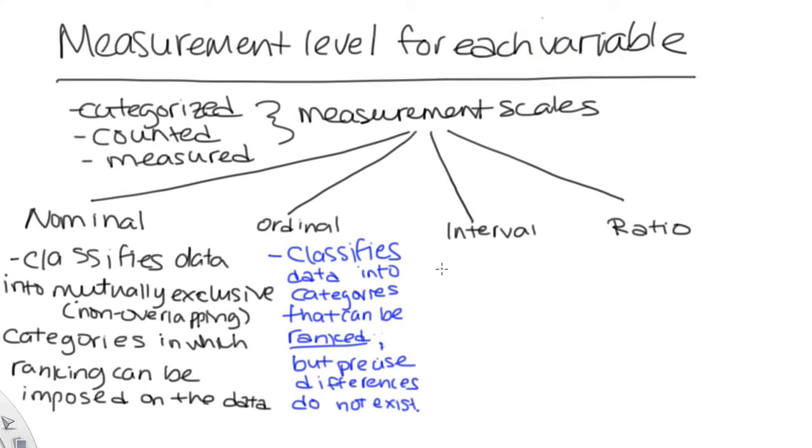Interval level is different from ordinal level, such that precise differences do exist between units. For example, you could say something is hot, or you can say it's 110 degrees, or it's 115 degrees, where you're giving a precise, accurate reasoning for what you consider to be hot.